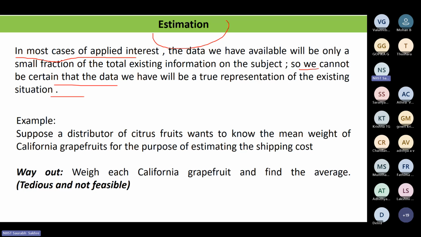Like the example I gave last time: professors at Stanford predicted a 90% chance that Hillary Clinton would become president, but who became president? Donald Trump, right? So we cannot claim that whatever sample data I collect is a true representative of my whole population.